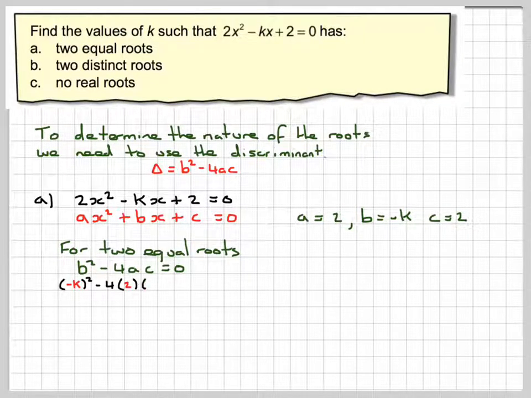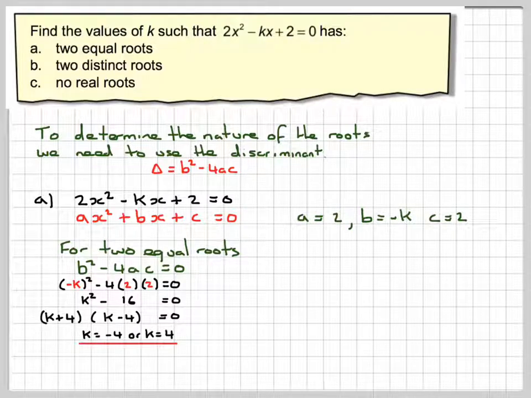So putting the values in, we get minus k squared minus 4 times 2 times 2, which is going to give me that k squared minus 16 is equal to 0. Which means that k plus 4 and k minus 4 is equal to 0, which means that k is going to be equal to minus 4 or 4.